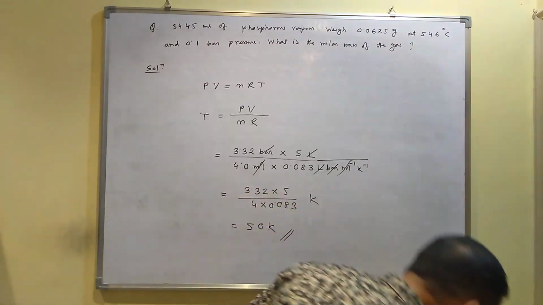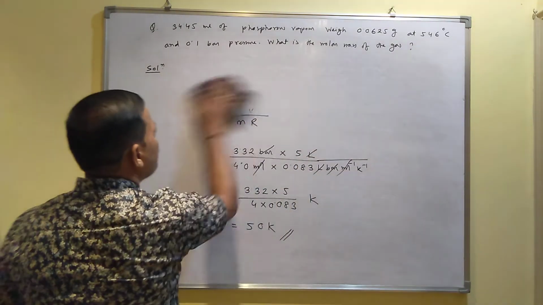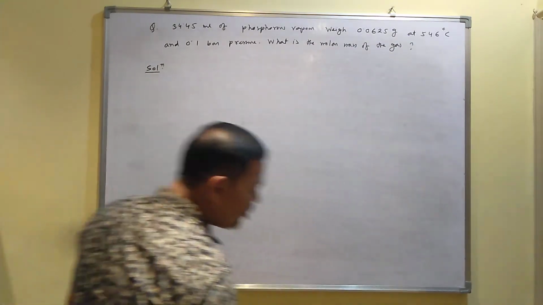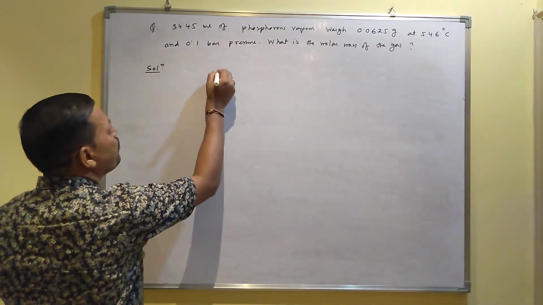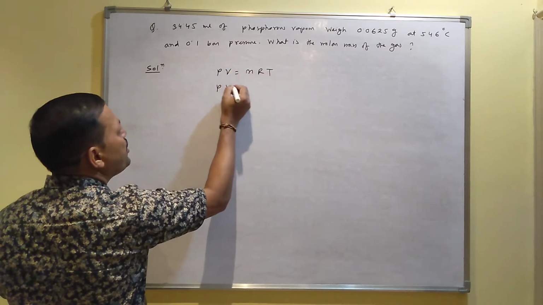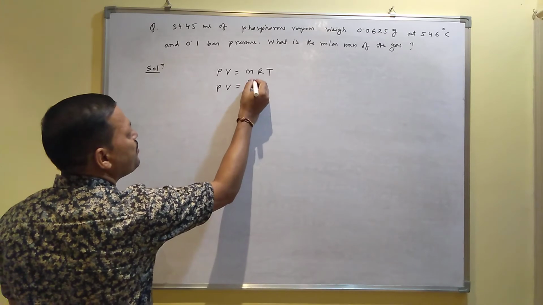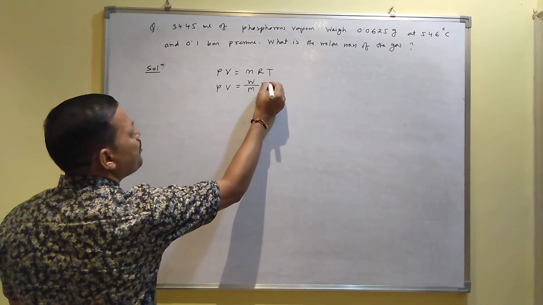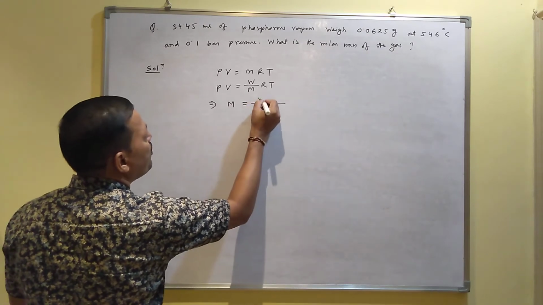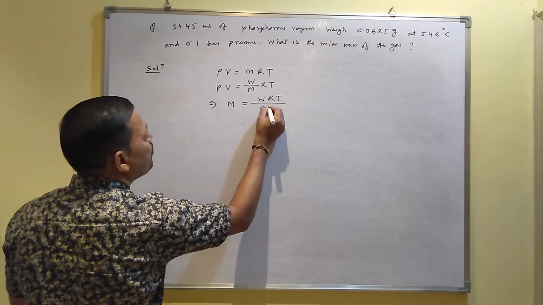If you want to do this question, you have to find the molar mass. As you know, PV equals nRT, and n means number of moles, given mass by molar mass, so PV equals W by M RT, or you can write molar mass M equals WRT divided by PV.